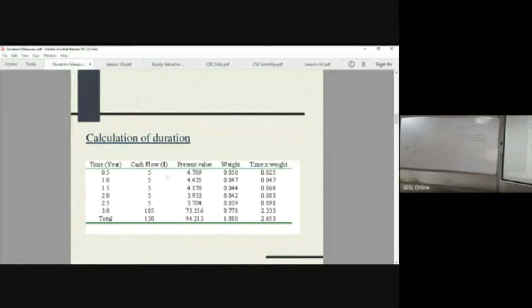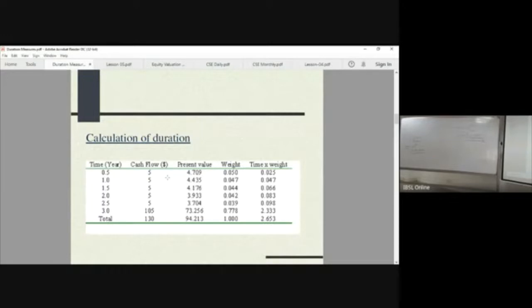You have to get e to the power minus 0.18. There you get 0.83527, and it has to be multiplied with 5. Then you get 4.176. So likewise, you can just see.